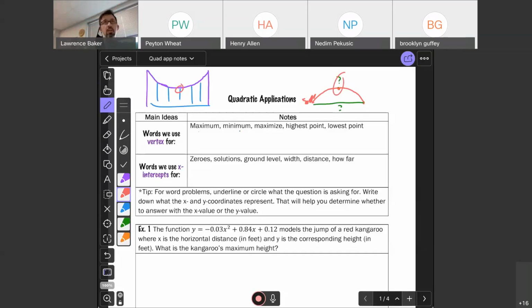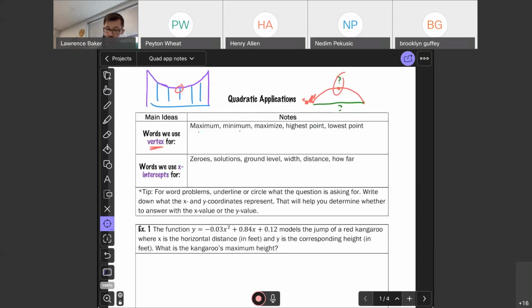Those are vertex questions, okay? If we want to maximize something, there's that maximum again. If we want to think about the highest point or the lowest point, anytime you talk about stuff like that, we're talking about the vertex. We don't say vertex. We have these other terms that imply that we're looking for the vertex. So when you see these words in the problem, it's really saying, hey, this is a vertex question.